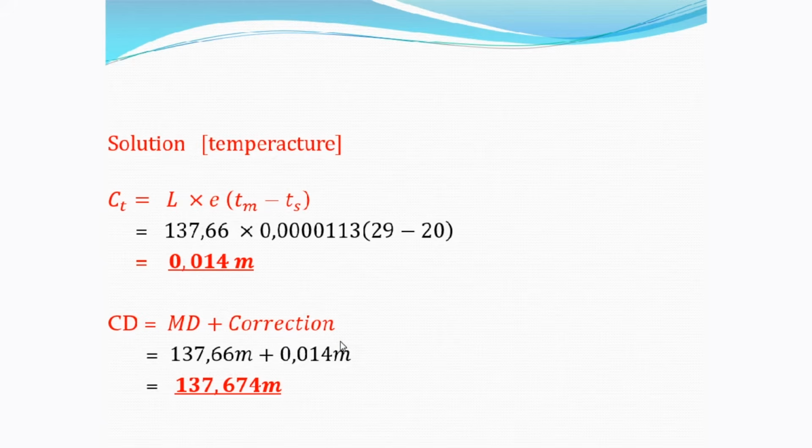Okay, so now we need to find the correct distance, because this is what is being required. For the correct distance, you take the measured distance or the length that you were given, which is 137.66 meters, plus 0.014 meters.